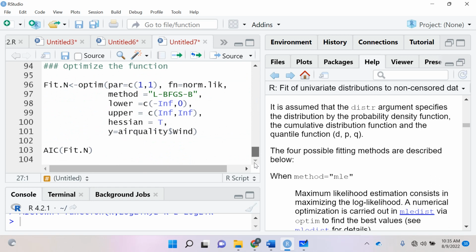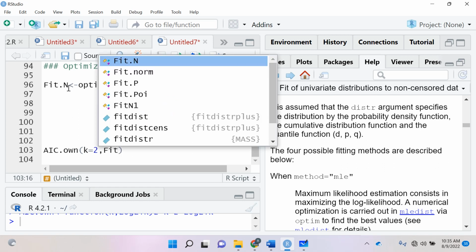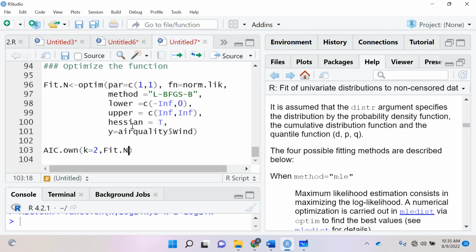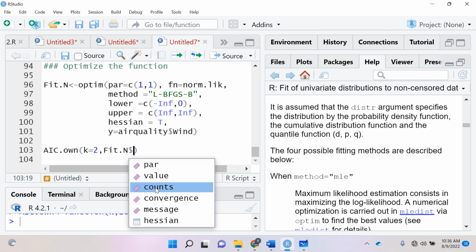Then when I come here, I say AIC dot own, number of parameters k is equal to 2 because I know already, and log likelihood will be fit in, and then the value.